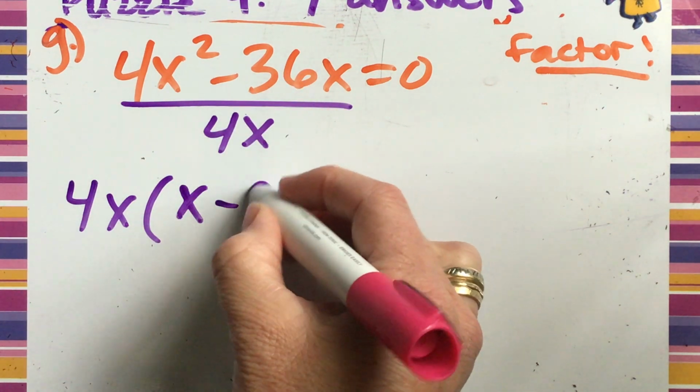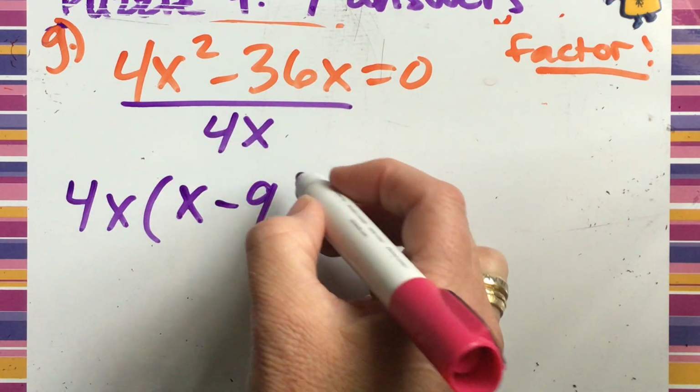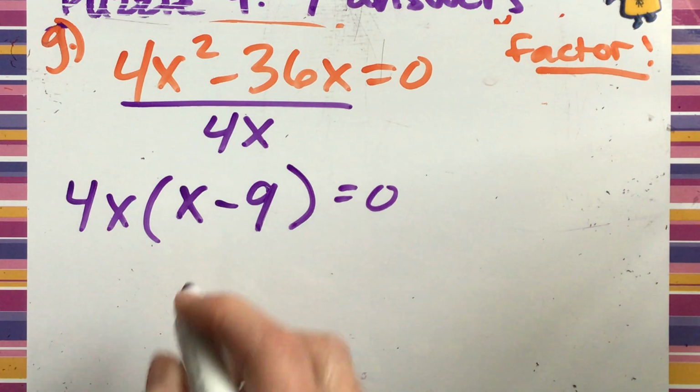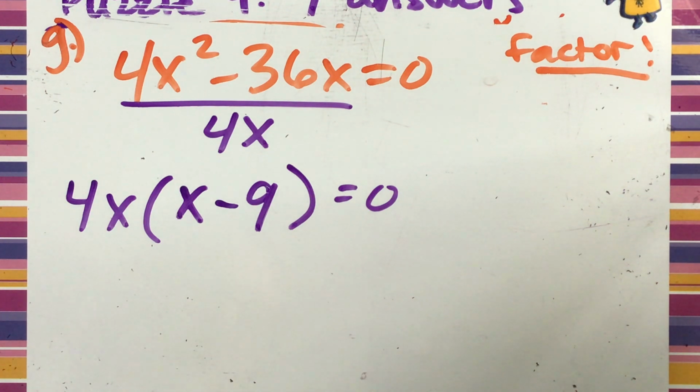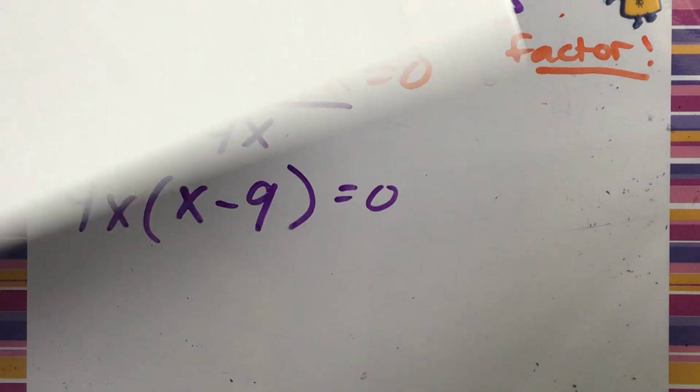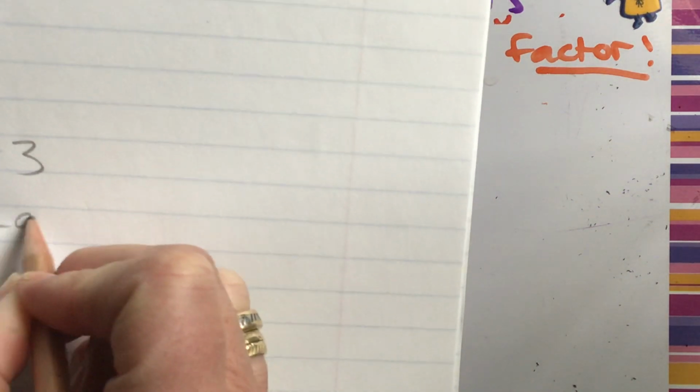I'm going to subtract 9, and then x over x is just 1. Okay, so that's actually the factored form. That's the answer, 4x times x minus 9. So again, I'm just factoring it. So I'm going to add this to my list. Okay, so G, 4x and x minus 9.